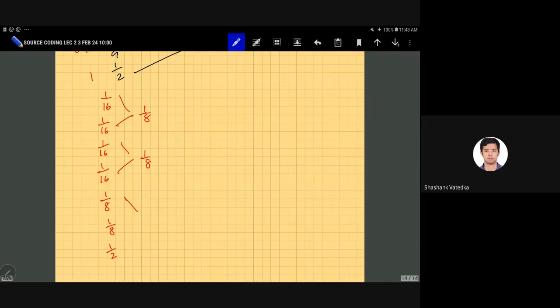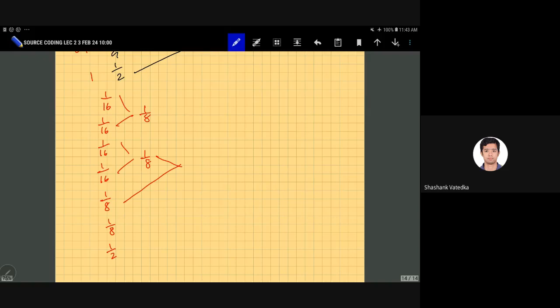I can either combine these two to get a super symbol of probability 1/4, or I can combine these two to get a super symbol of probability 1/4. Right? So in each case I get a different code.